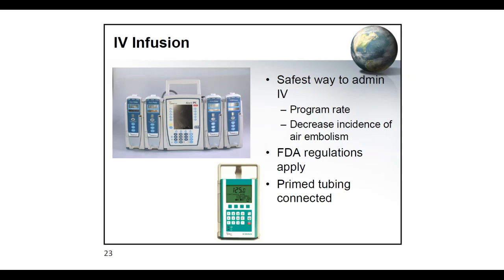If not all, most hospitals now use some version of the Alaris pump that allows you to set guardrails, or basically limits. So it warns you whenever the rate is too fast, and sometimes if it's too unsafe, it doesn't even let you start the infusion. The thing with that is you have to program it appropriately.